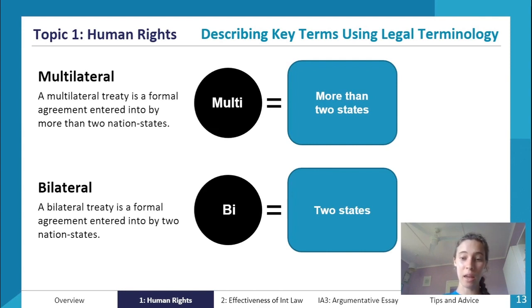They're basically just a different number of states involved. That's the difference between the two. Bi means two, and multi, in general, means more than one, but in this case it means more than two. So more than two states are in that formal agreement. For bilateral, it's just the two.